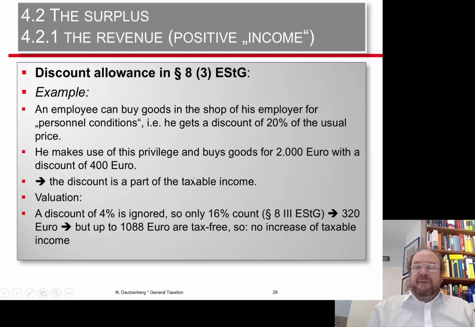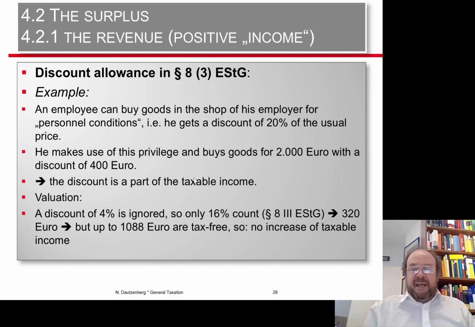So, for example, if you get a discount of 20% from your boss and you buy goods for 2,000 euro with a discount of 400, then the 400 is a part of your taxable income. Now, 4% discount is ignored, so only 16% discount are taxable, so 320 in this case.